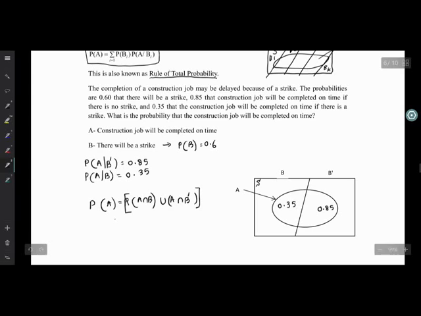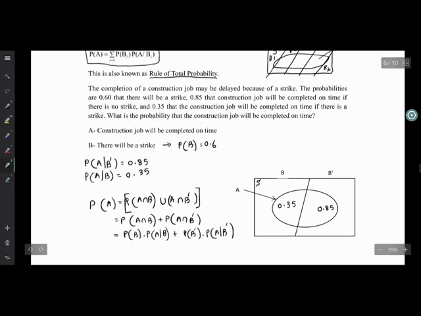So this is the same as the probability of A intersection B plus the probability of A intersection B prime. Now we have to apply the multiplication rule. A intersection B is the same as P(B) times P(A given B), plus P(B prime) times P(A given B prime).